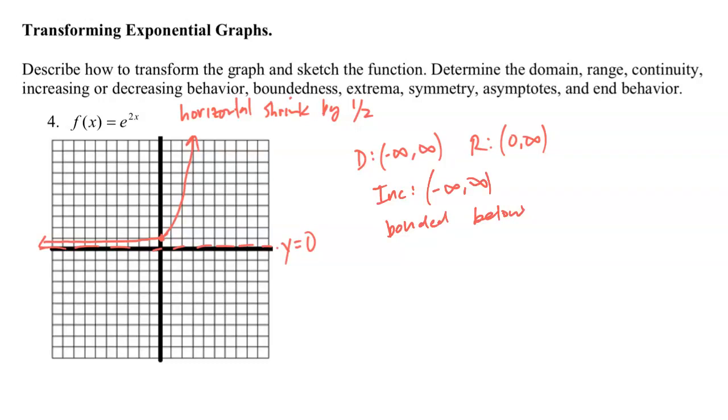There's no extrema, there's no symmetry, there is an asymptote at y equals 0, and there is end behavior with a limit as x approaches infinity of f of x equaling positive infinity, and a limit as x goes to -infinity of f of x, and that equals 0.